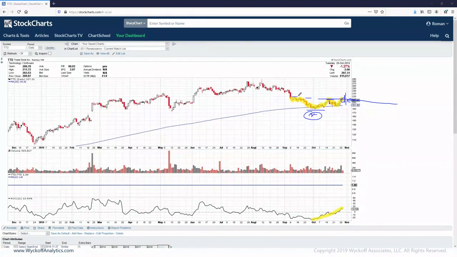This would be a good place to enter. You only have to see if you're going to overcome this bar right here. So you obviously want a huge bar, maybe like a 7-8% rise, a bar like this, a bar like that, that actually produces potentially good momentum. And you want to get in before this bar unfolds.